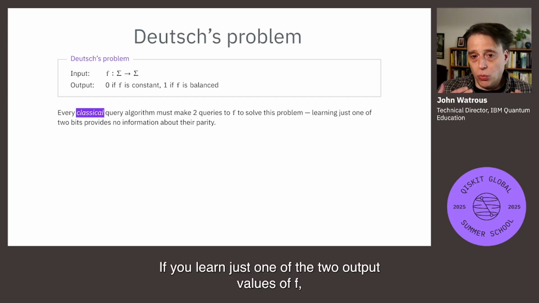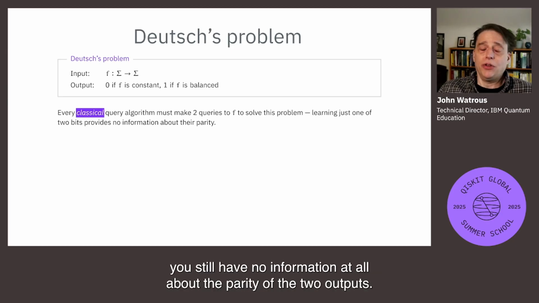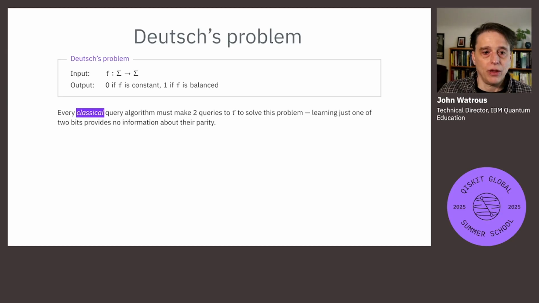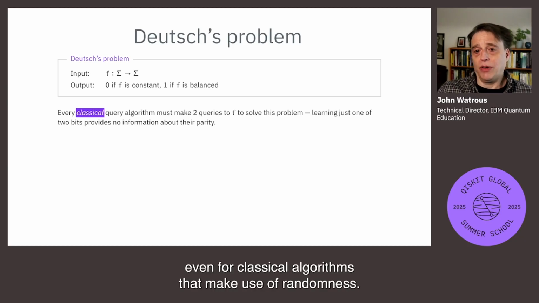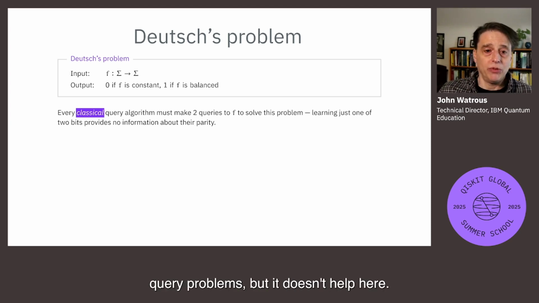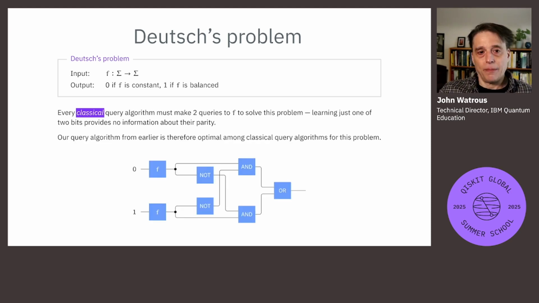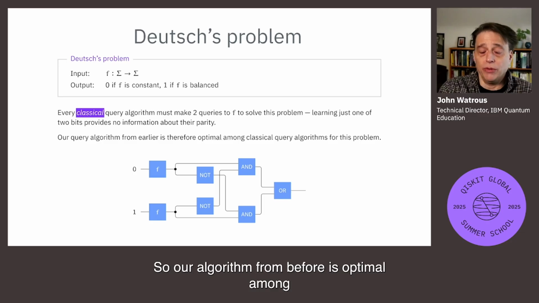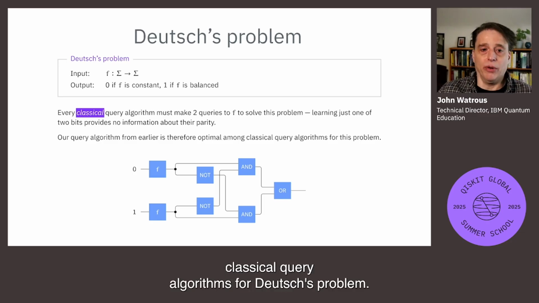If you learn just one of the 2 output values of f, you still have no information at all about the parity of the 2 outputs. And this, by the way, is true even for classical algorithms that make use of randomness. Randomness can sometimes be very useful for solving query problems, but it doesn't help here. So, our algorithm from before is optimal among classical query algorithms for Deutsch's problem.